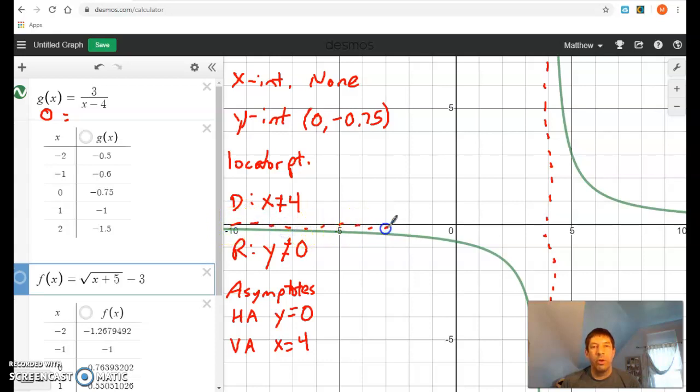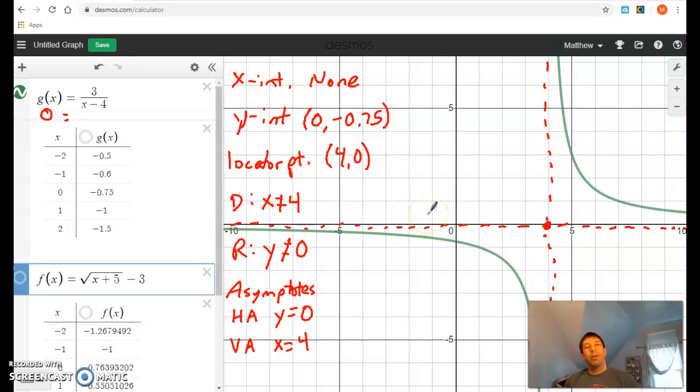For the asymptote, vertical line, and now a horizontal line for this one. And that brings me to the locator point. For a hyperbola, the locator point is where those two asymptotes intersect. So that point here is at 4, 0. So that would be our locator point for a hyperbola.